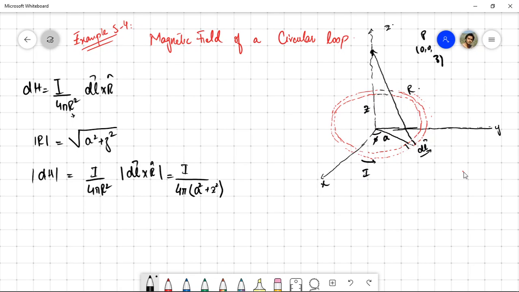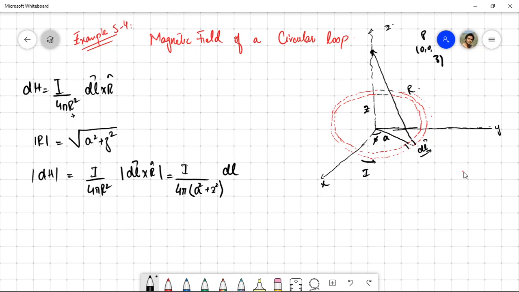And if we are taking the magnitude of dl cross r hat, then that magnitude will be the magnitude of dl, because the magnitude of r hat is basically 1. So this is the magnitude of dH that corresponds to this particular scenario.